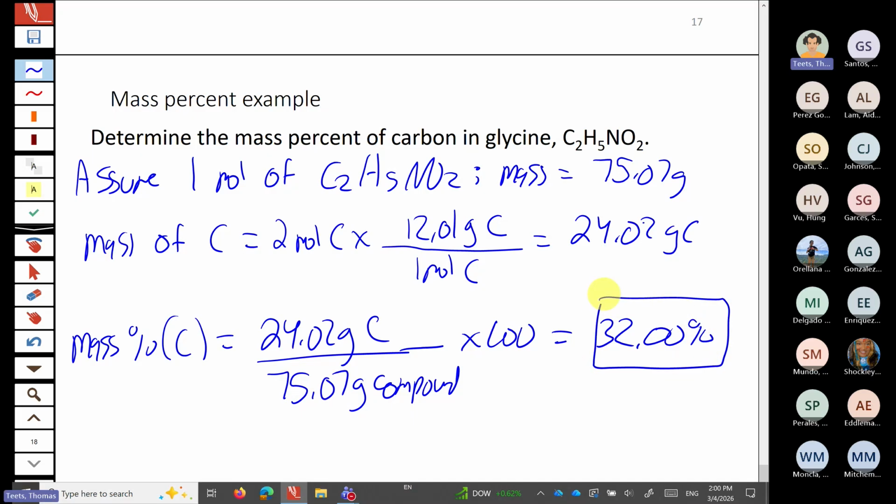And so you could do this for all 4 of the elements, and if you add them all together, they should be 100. And you do it the same way. You figure out the contribution of that element to the total mass based on the chemical formula and the atomic mass of that element, and then divide it by the entire molar mass. So that's pretty straightforward. If we give you the chemical formula, you can go to mass percent.